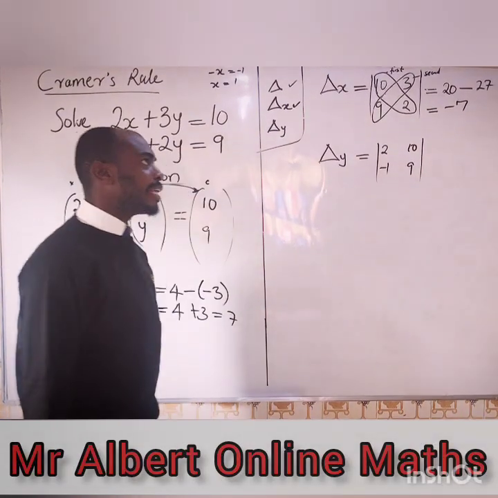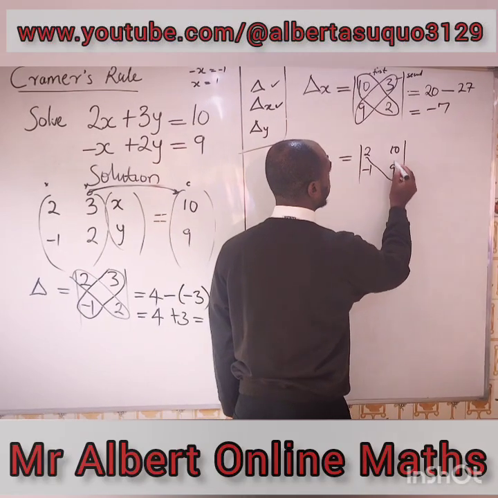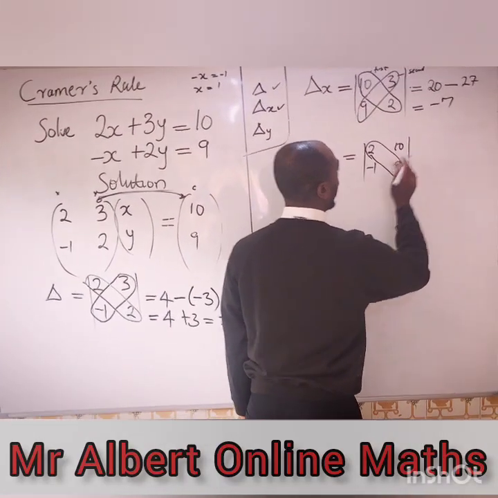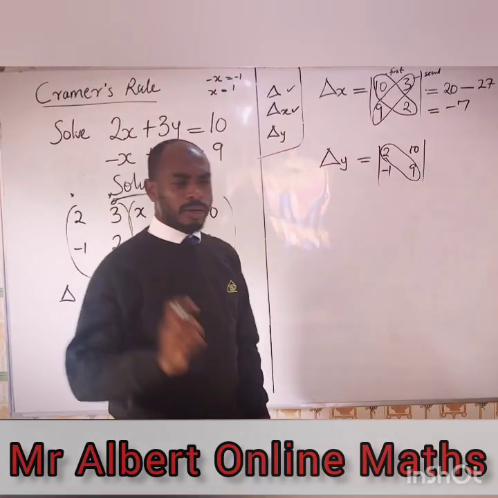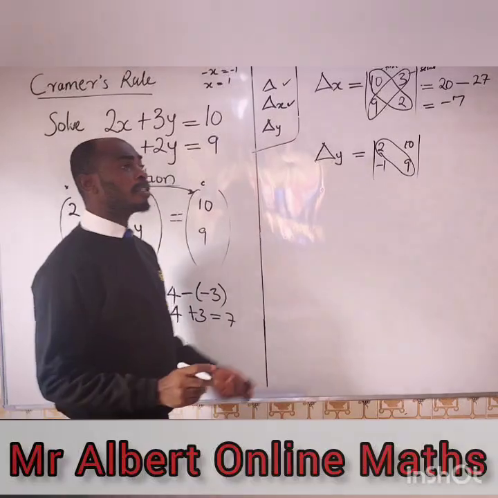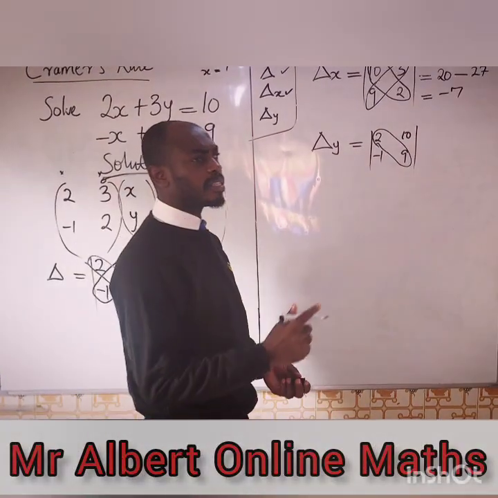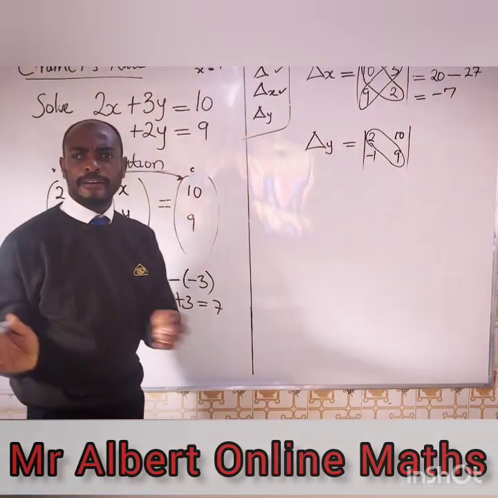Now to find the determinant, remember the one that is first. If I should take this one first, I will make a mistake. Remember, multiplication and addition are commutative. Commutative means that it doesn't matter which order you take first. 2 times 5 is 10, and 5 times 2 is 10.